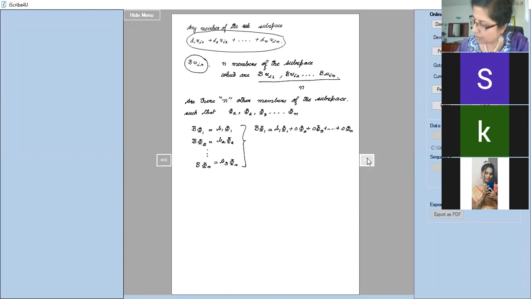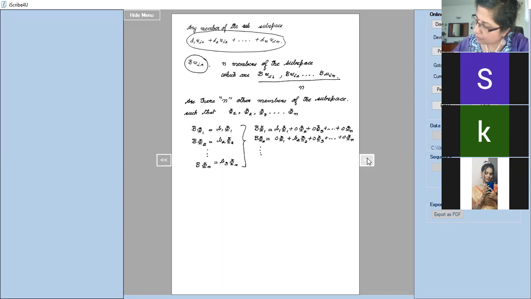Similarly, I can write B phi 2 as equal to 0 into phi 1 plus B2 into phi 2 plus 0 into phi 3 plus dot dot dot 0 into phi n.